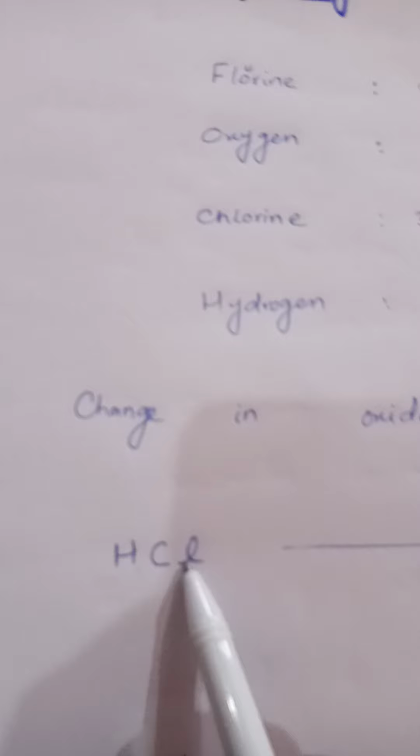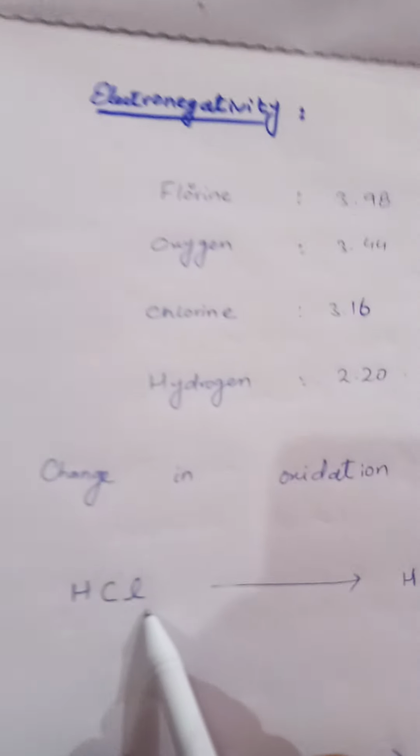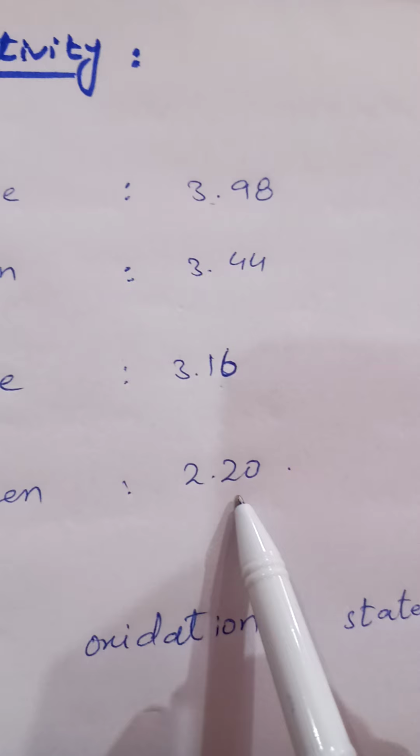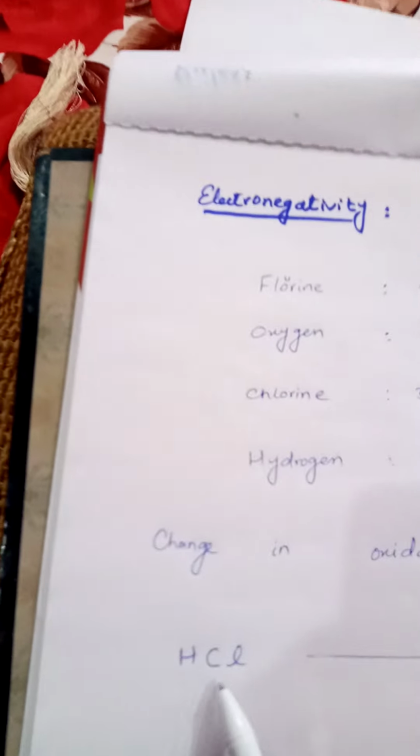In the compound HCl, chlorine is the more electronegative element. Chlorine has an electronegativity of 3.6 and hydrogen 2.2, so hydrogen will lose the electron and chlorine will gain the electron. But in NaH, sodium has about 0.93 electronegativity and hydrogen has 2.2, which means hydrogen is more electronegative.